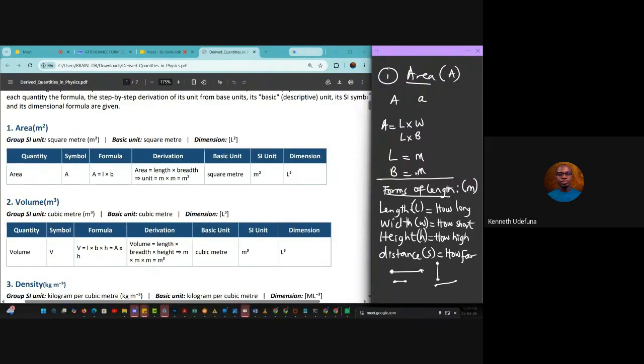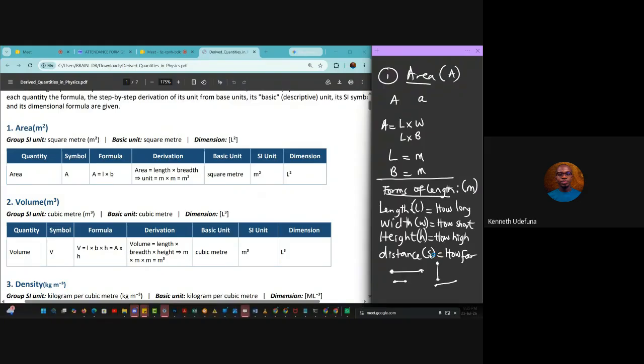So take notes, every one of you, that any form of length, all forms of length, are all measured in meter. And what are the forms of length that we have now? This length, which is how long, is measured in meter. This width, which is how short something is, is measured in meter. This height, which is how high something is, is measured in meter.